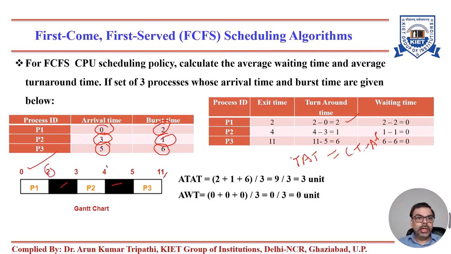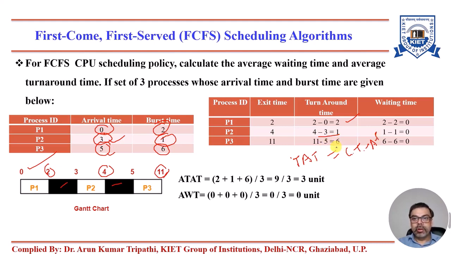For P2, the completion time or exit time is 4 and its arrival time is 3. So 4 minus 3, turnaround time is 1. Similarly, for the process P3, P3 completes or exits at 11 units of time and it arrives at 5. So 11 minus 5 is equal to 6.